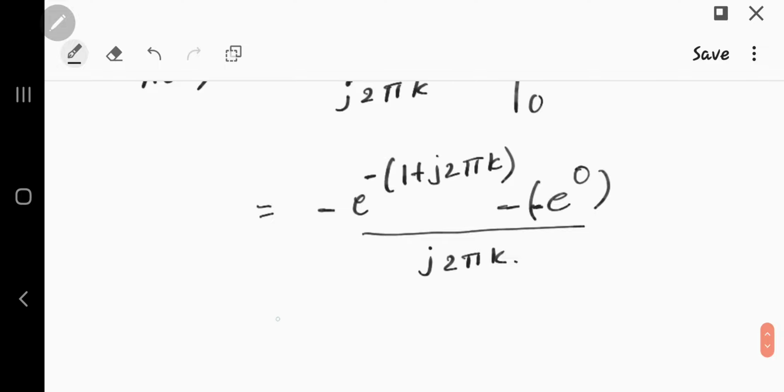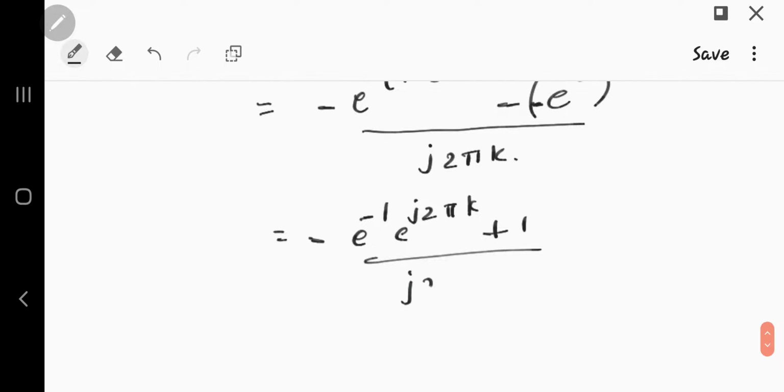So let me make it as 1 here, and this one is e to the power of minus 1, and e to the power of minus j 2 pi k can be split. This term is cos 2 pi.